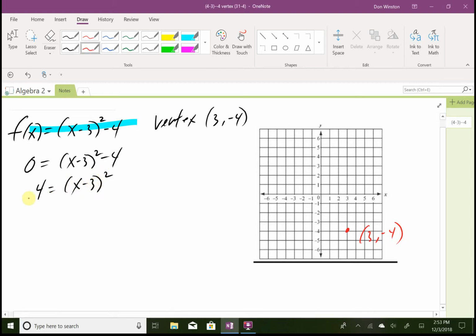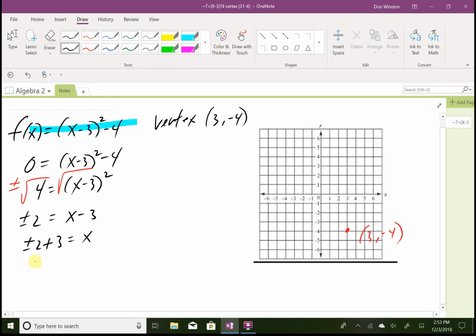And then we'll take the square root of both sides, keeping in mind that when we take the square root of both sides, we always have a plus minus. So that will give me plus or minus 2 equal x minus 3. And then lastly, we'll add 3 to both sides, and we'll get plus or minus 2 plus 3 equals x.